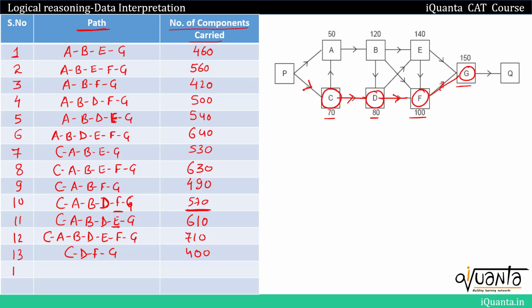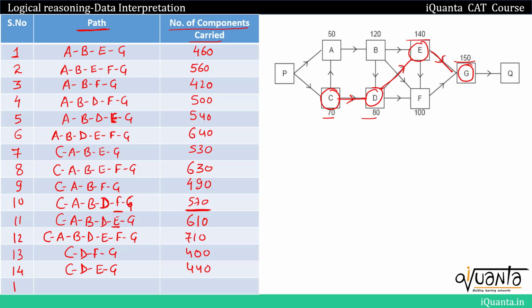Let's try to find out another possible route. He can go through C, D, then E, then G. We haven't gone through this route earlier, so C, D, E, G will be another possible route having value 70 plus 80 150 plus 140 290 plus 150 440.